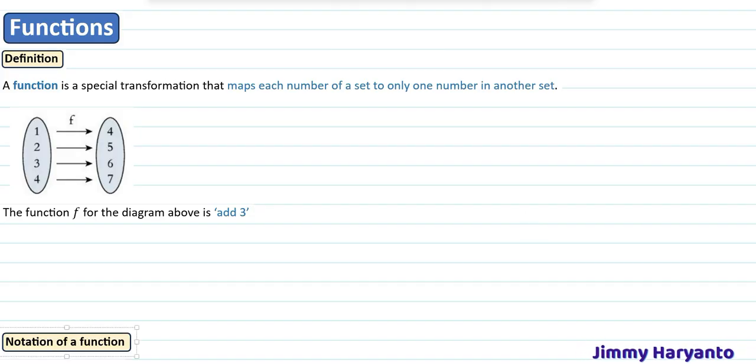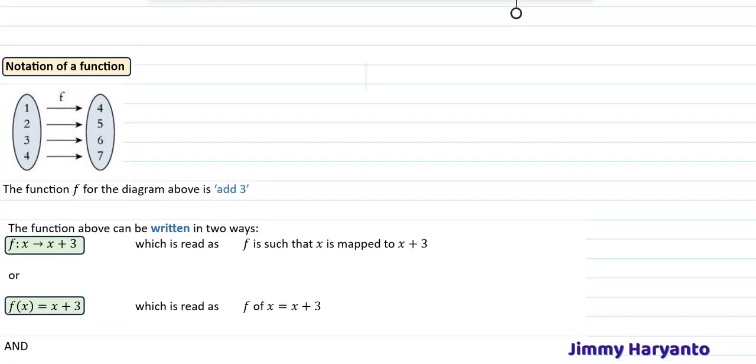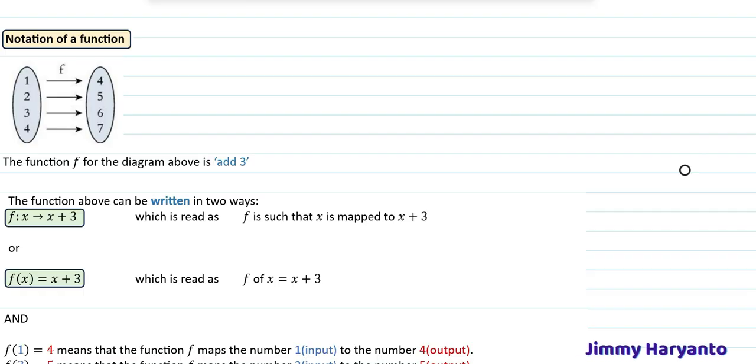And then we go to the notation of function. The notation of function for the previous example will be x plus 3, since the rule is add 3. That means the rule will be x plus 3, and then the notation itself can be f, and then the common writing is f and then in the brackets x, and then equals the rule.